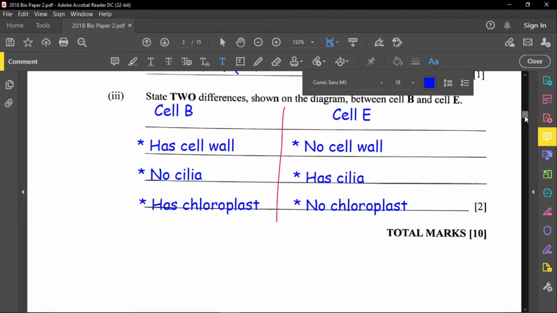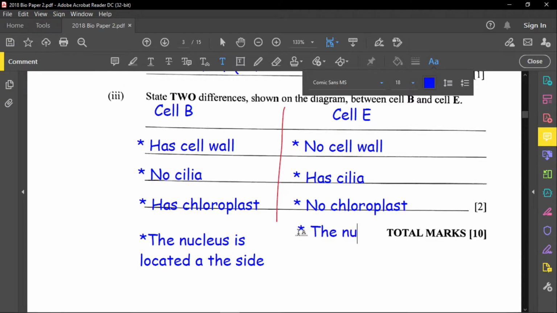Here we can say the nucleus is located at the side, and in structure E, which is the epithelial cell, the nucleus is centrally located. So those will be your differences.